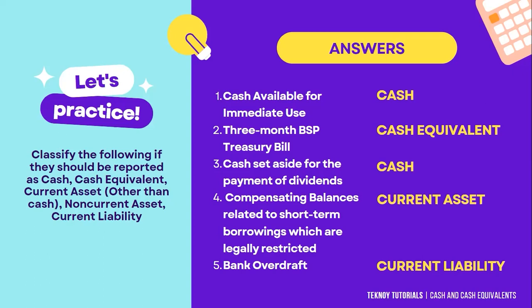For item number 4, compensating balances related to short-term borrowings which are legally restricted are part of current assets, since this is a legally restricted compensating balance related to a short-term loan. Hence, the answer for item number 4 is current asset. For the last item, as mentioned a while ago, bank overdrafts are classified as current liability.